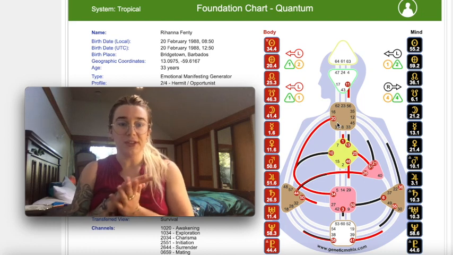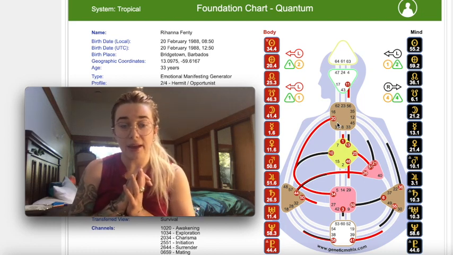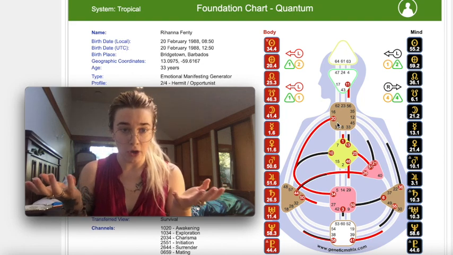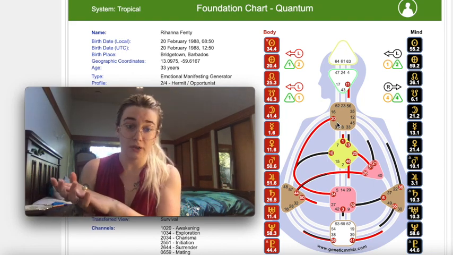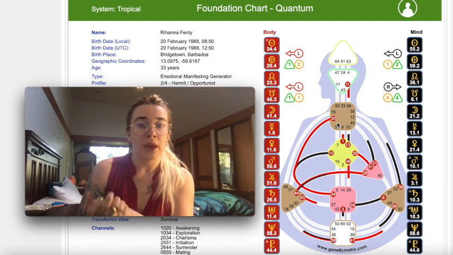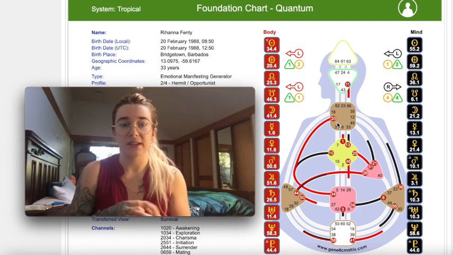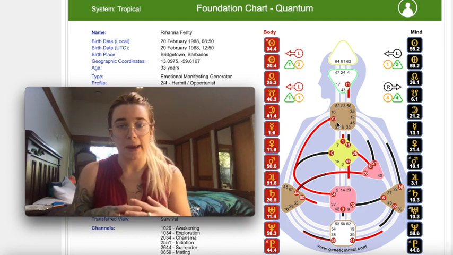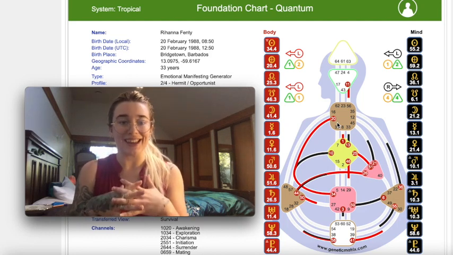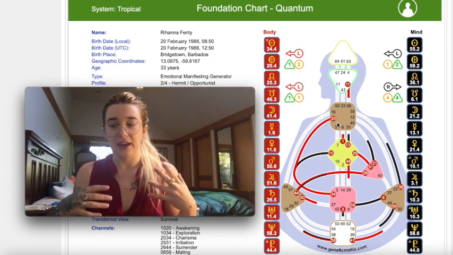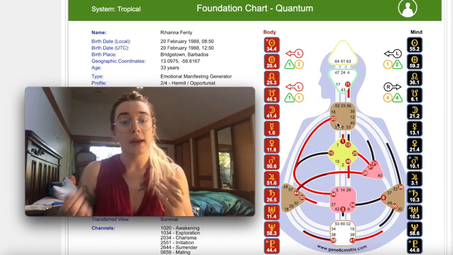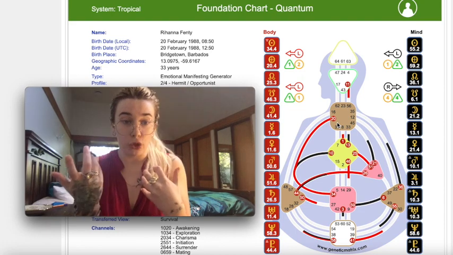The difference between a generator and a manifesting generator, which is still part of the generator family, is small; they essentially are more or less the same. But the manifesting generator, which is what Rihanna is, has a motorized throat.